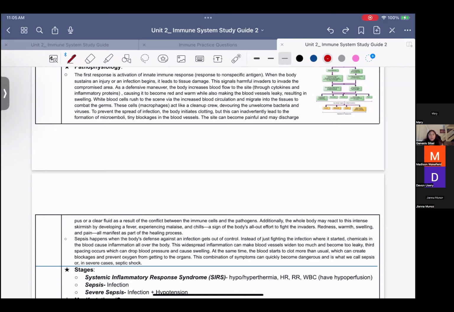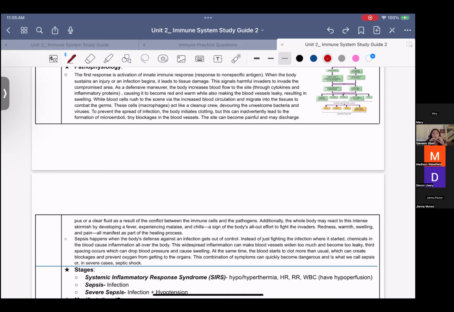Okay, so we talked about this earlier. With an infection, you have two main responses, technically three, but the first one is vasodilation.